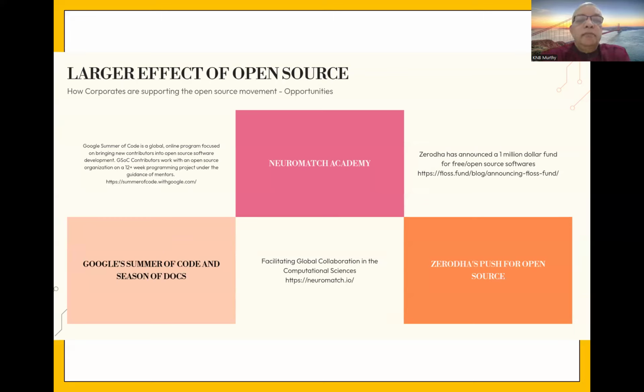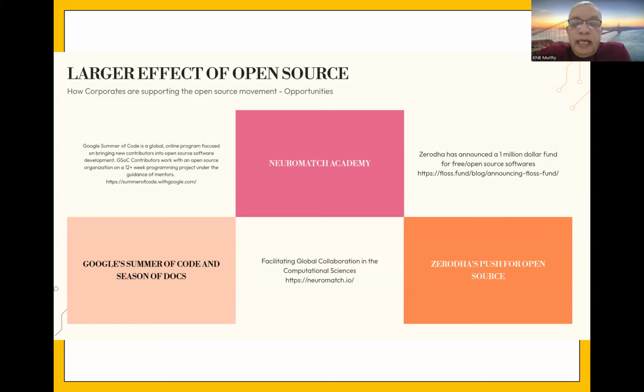Open source also has a significant effect, wherein it's being promoted by lots of organizations. For example, the Google Summer of Code promotes inducting new contributors to open source software.